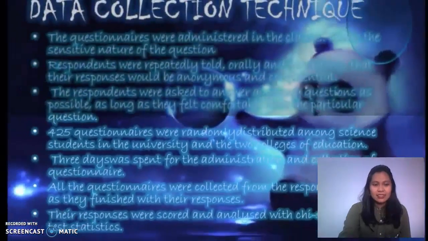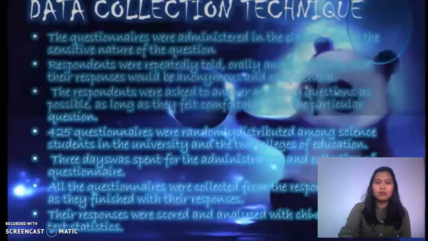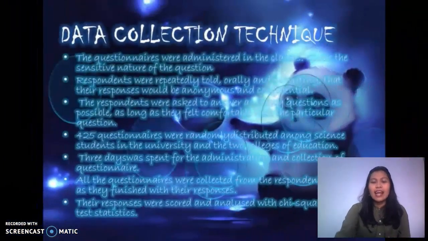The next is that about 425 questionnaires were distributed. Next, they spent 3 days to collect the questionnaires, and the questionnaires were collected as soon as they finished, and the last one, their responses were analyzed using chi-square and also t-test statistics. Okay, that's all about my explanation.